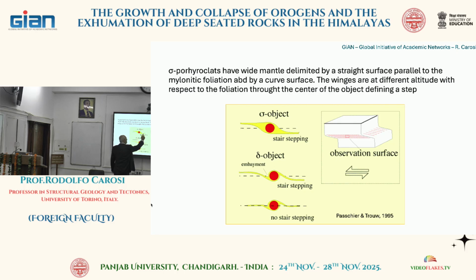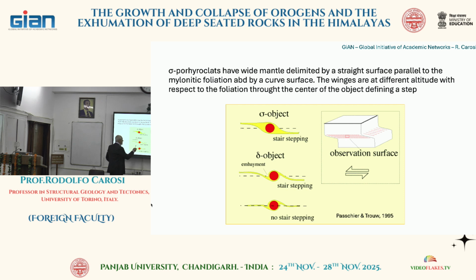We start from the bottom on the right to the upper part on the left in a sinistral sense of shear, like this. The observation surface should be the XZ surface of the mylonite.